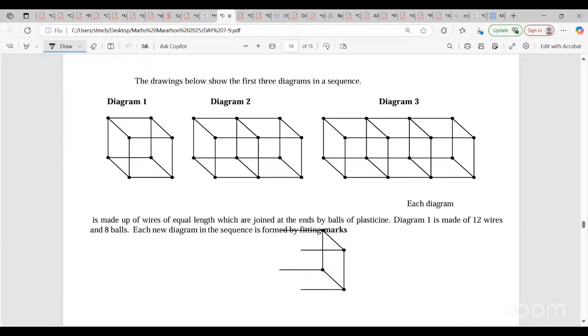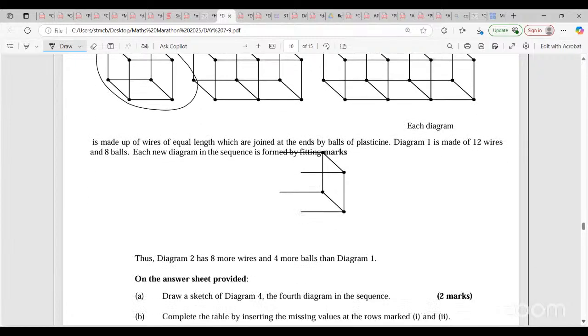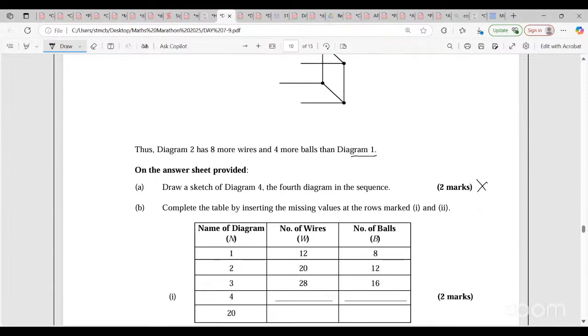And then of course it says this is diagram 1. Now diagram 2 has 8 more wires and 4 more balls than diagram 1. So they give you a description. It says, on the sheet provided, draw a sketch of diagram 4. We're going to X out that, guys. May I leave that to you? We can't get to see it on the chat.